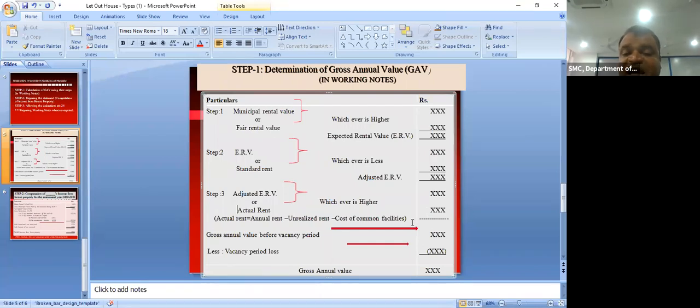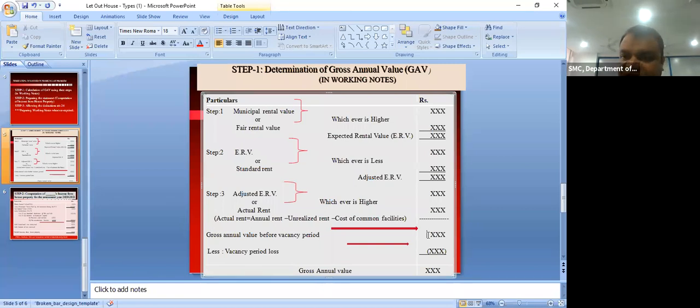Suppose if any unrealized rent is there, unrealized rent means where the tenant didn't pay and went away, then you have to deduct it from the actual rental value. If any common facilities have been provided, that value should also be deducted. What you get, you call the gross annual value before vacancy period.